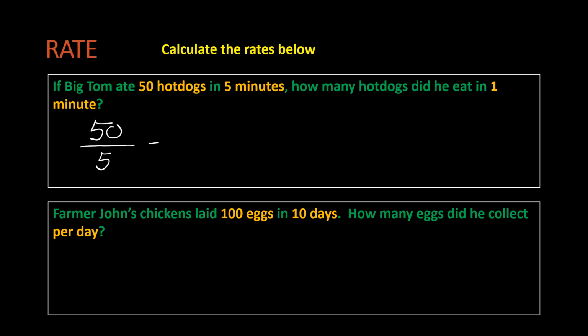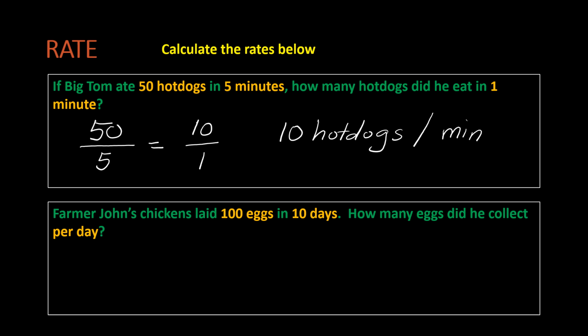Now we can simplify this because we know we can divide 5, top and bottom. If we divide 5 at the top, we get 10, and we get 1. So this is perfect. So we have 10 hot dogs per minute.